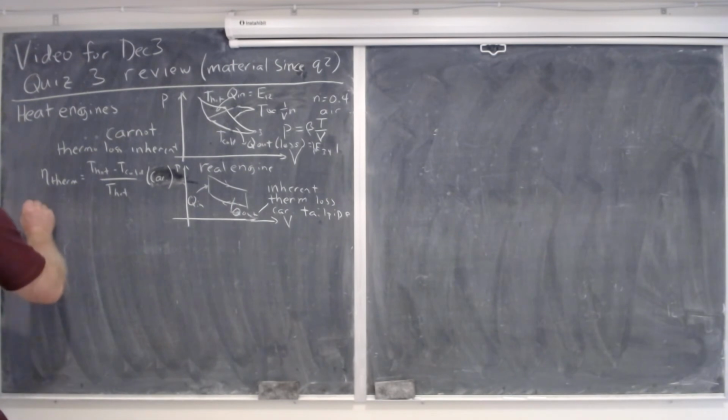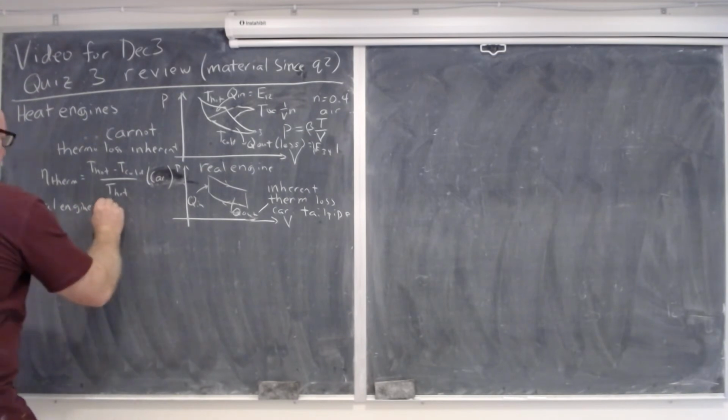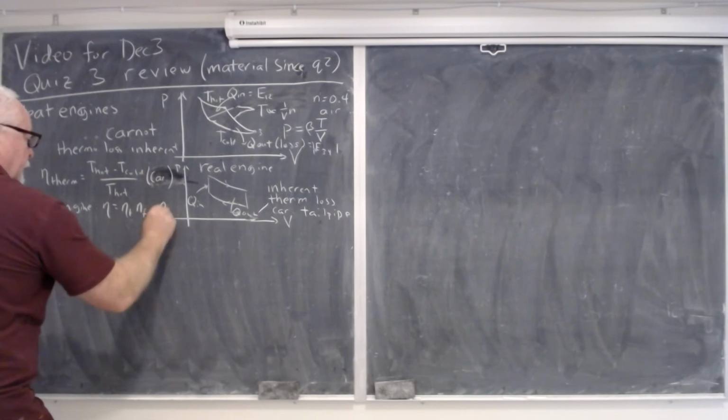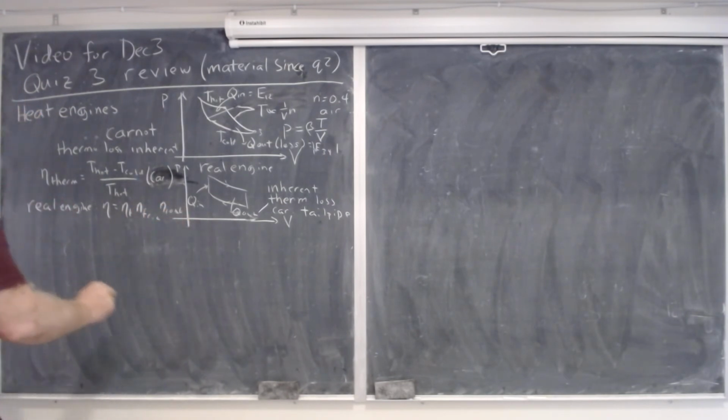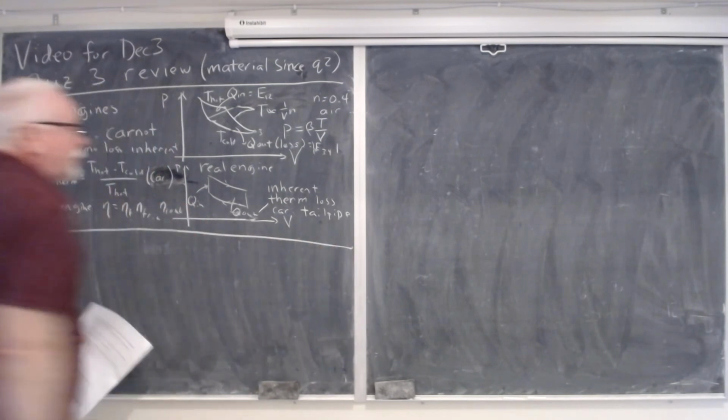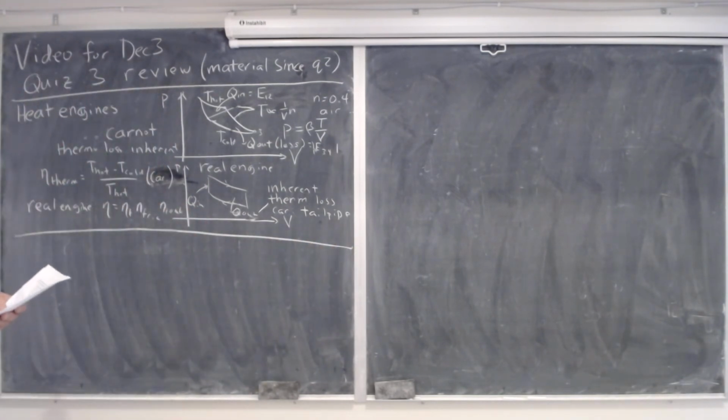And furthermore, for a real engine, there's other losses: there's thermal, there's friction, there's combustion. We learned that the product of these things is somewhere between 15% for that lawnmower engine from the earlier homework, to perhaps as high as 30% for a very efficient car. So those are the things about engines that I want you to know.